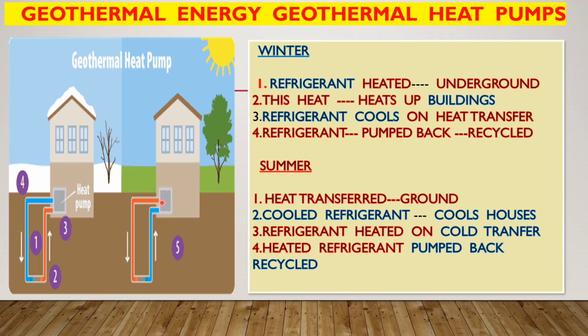First hot within the ground, gradually it gets cooler as it gets to the surface, and this cool water serves for domestic purposes. So this is the winter condition, and this is the summer condition.